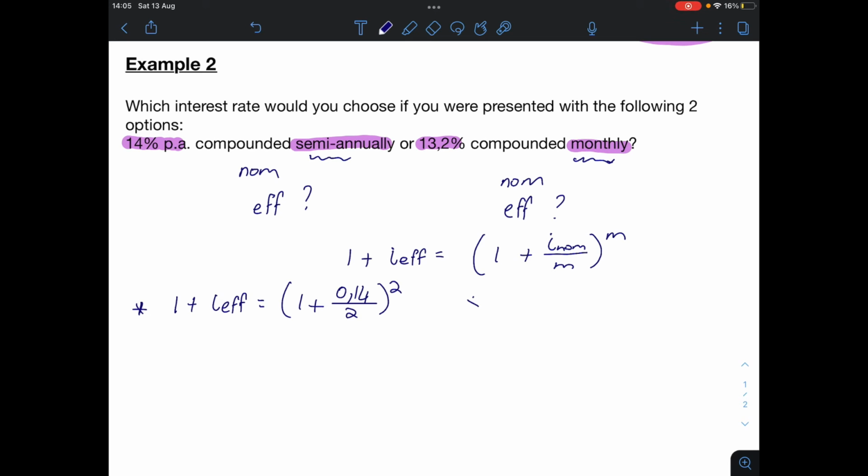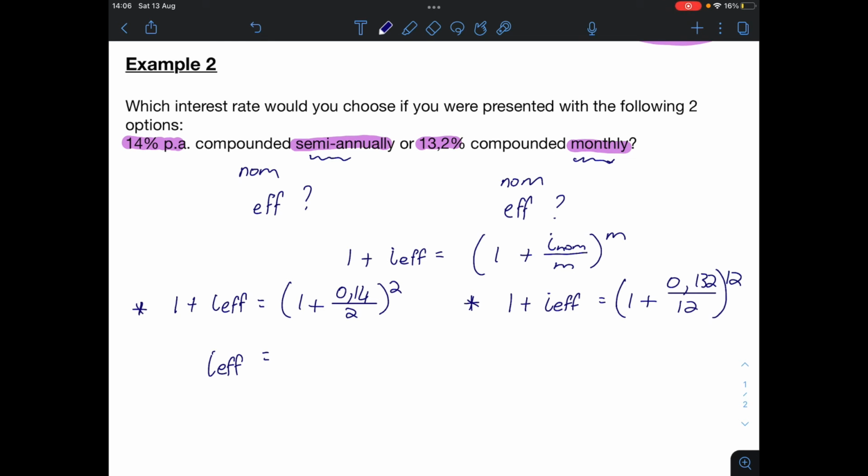Let's do the next one here as well. I'm going to have 1 plus interest effective is equal to 1 plus, what was this? 13.2, so it's 0.132, and it's compounded monthly, so it's over 12 to the power 12 because it's charged 12 times in 1 year.